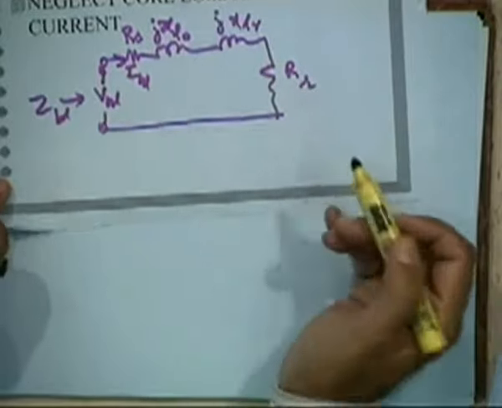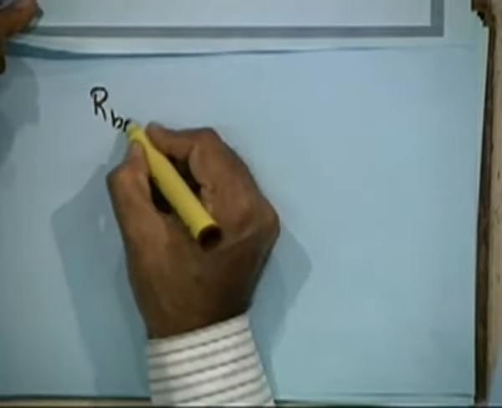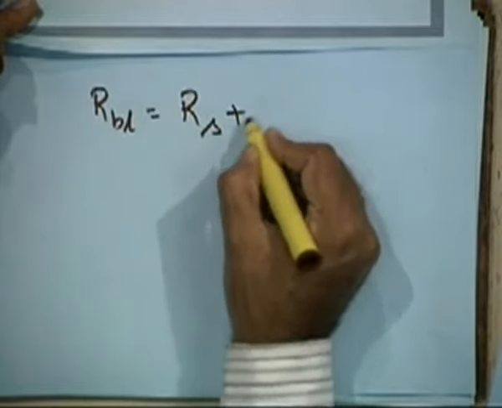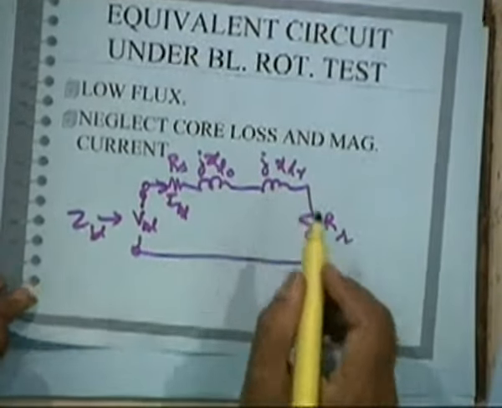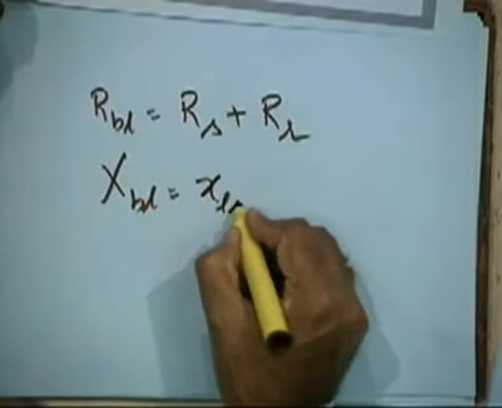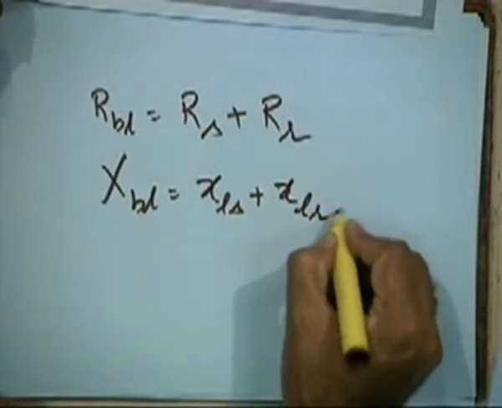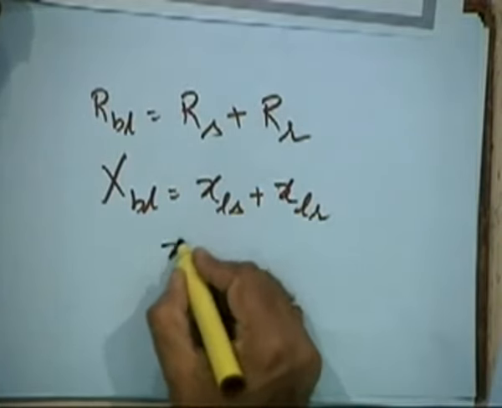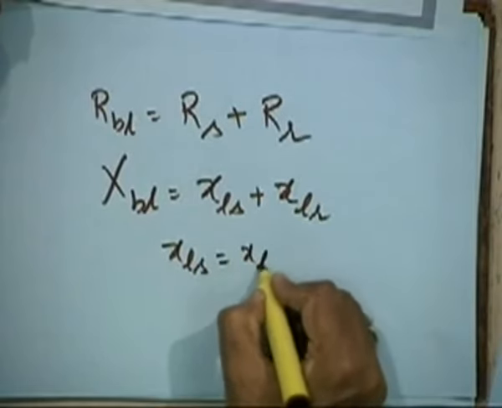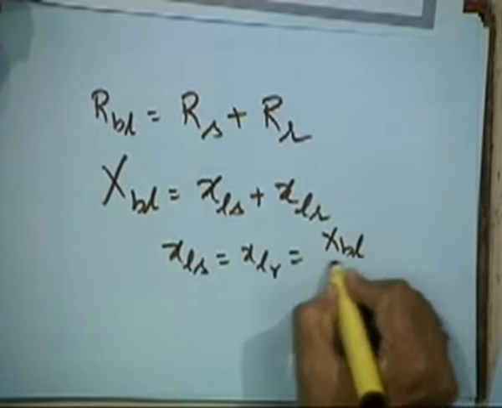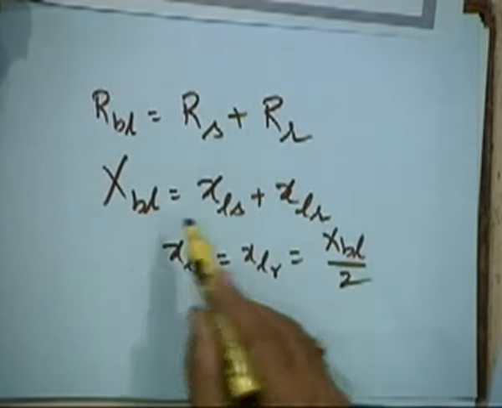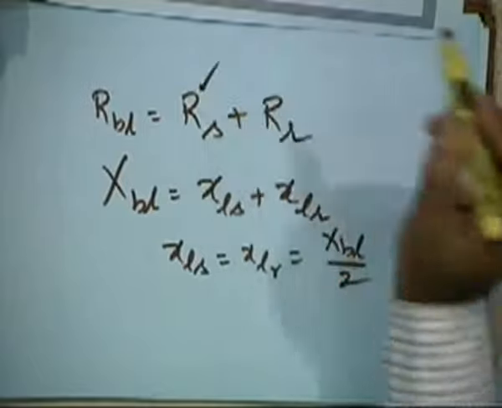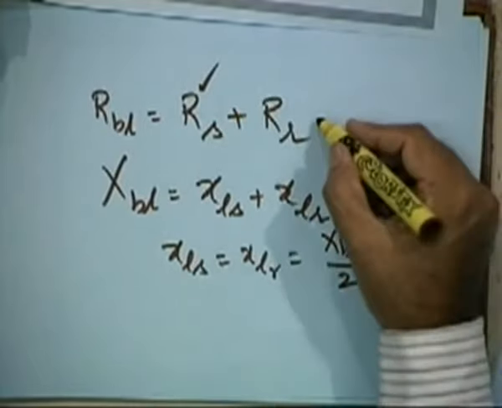Therefore R blocked rotor will be RS plus RR, and X blocked rotor will be the sum of the two leakage reactances, so XLS plus XLR. Now generally you take XLS equal to XLR equal to X blocked rotor by 2, for the rotor referred to stator turns.